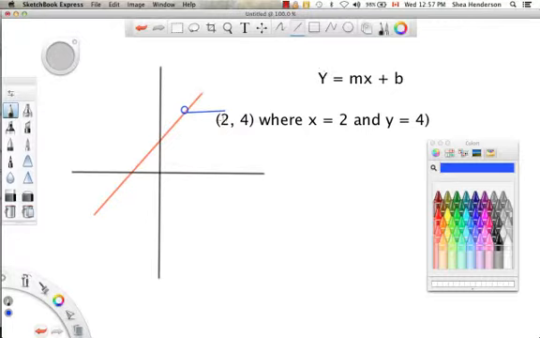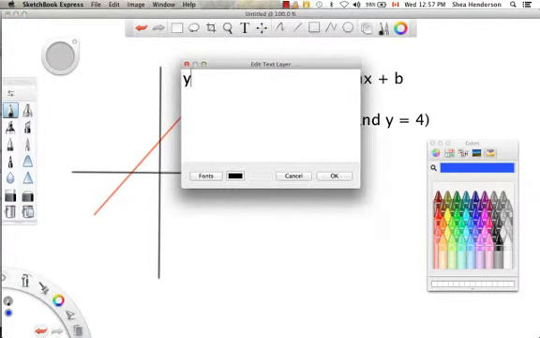I can take that x out and put the 2 there. We can't figure it out all the way, but we can plug in some numbers. So let's put a text box in. Y, well, we know y equals 4 in this case. Equals, we don't know what m is, but we do know that x equals 2, plus b.